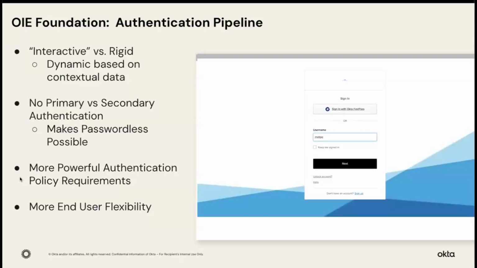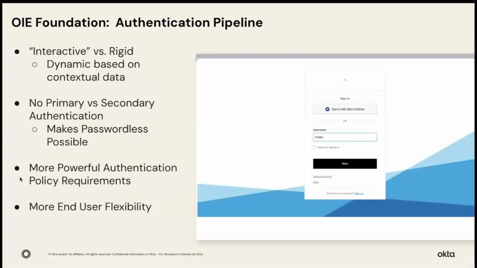So with that, let's talk about the first main area of change that we want to highlight in today's session, and that is the new authentication pipeline in OIE. And really, this is probably the single most recognizable or impactful change from Classic to OIE.